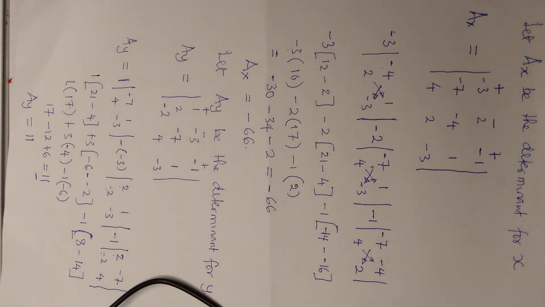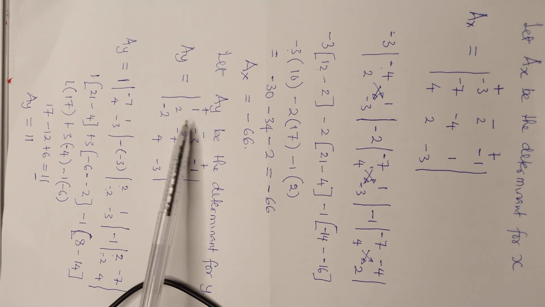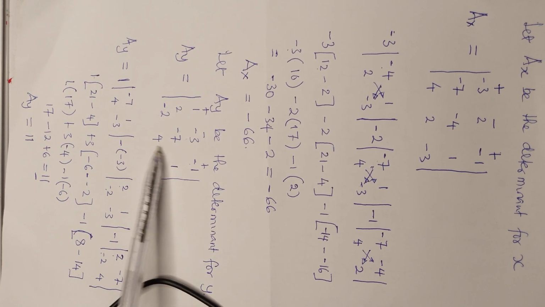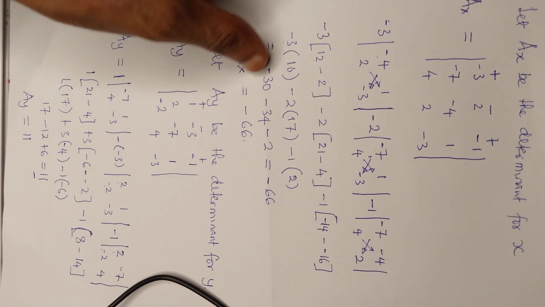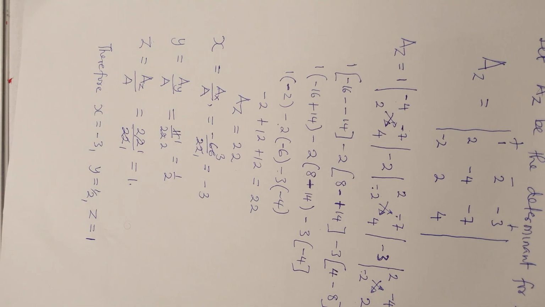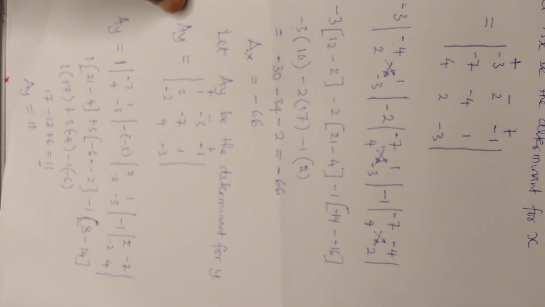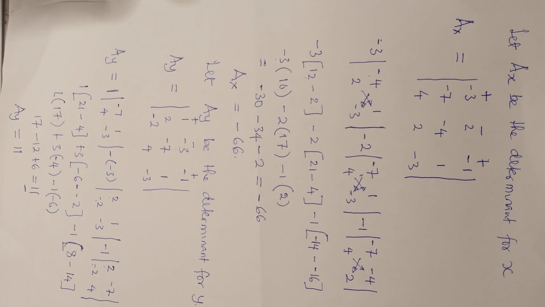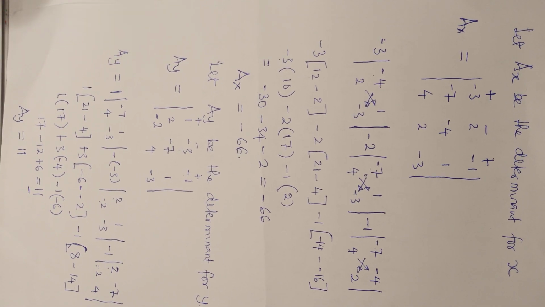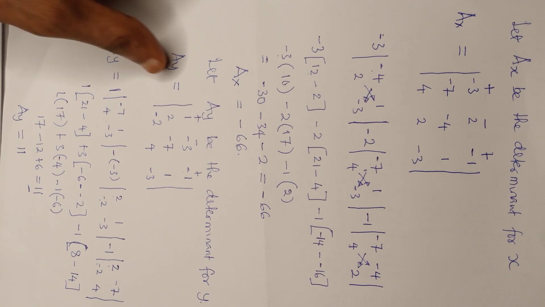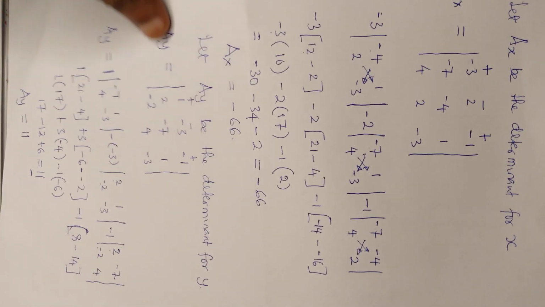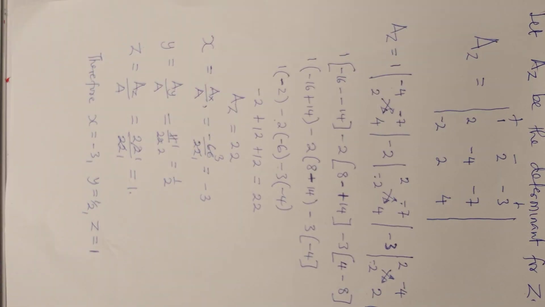Okay, and then I went ahead to find the determinant for y, and so we replaced it with the value in the right hand side, and then we had to find the determinant for our z. After finding for y, we found for z also.